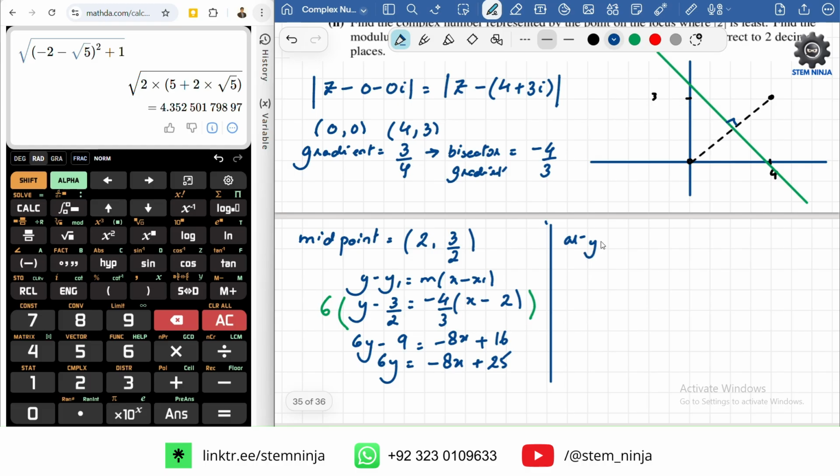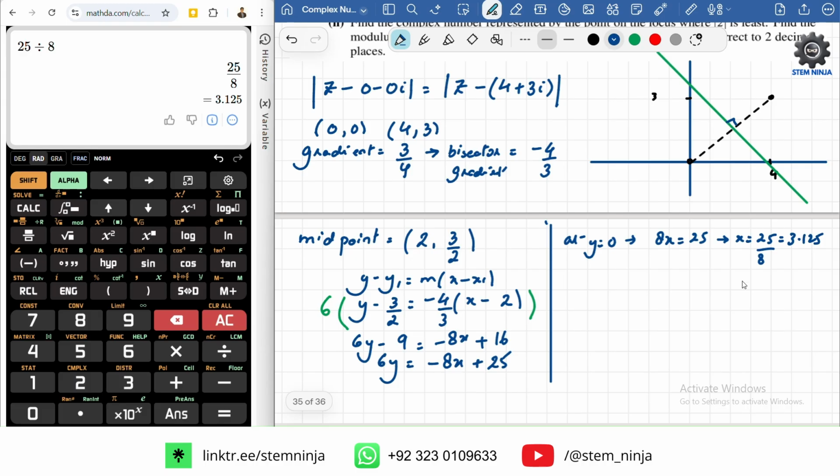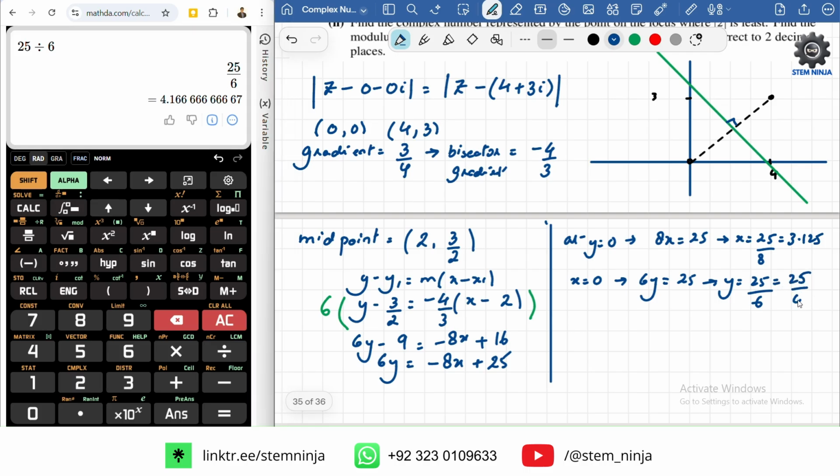At y equal to 0, you have 8x equals 25, so x would be 25 by 8, which is 3.125. When x is equal to 0, 6y equals 25, so y is 25 by 6, which is about 4.16. I think we can leave it like that.